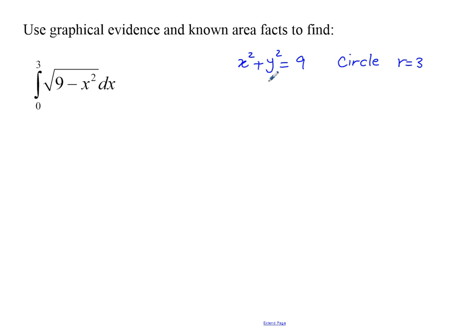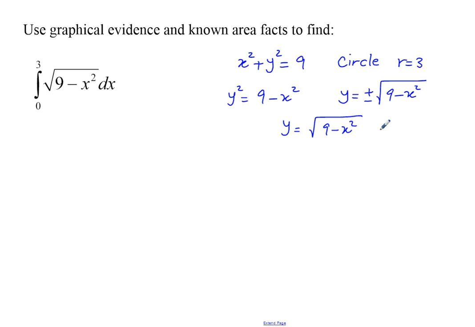So if I get the y by itself, y squared is equal to 9 minus x squared, and therefore y would be plus or minus the square root of 9 minus x squared. So y equals just the positive square root of 9 minus x squared would give me the upper half of the circle, or the upper semicircle.